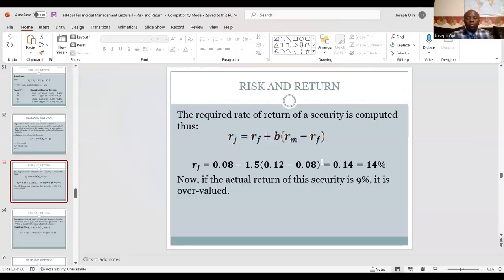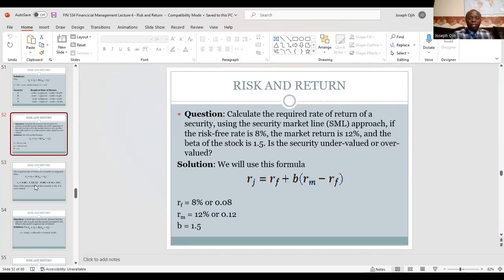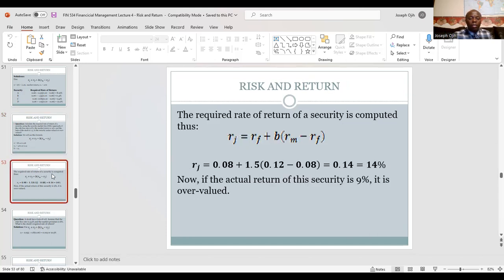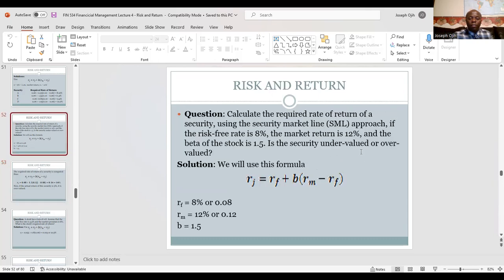Okay, 14%. We answered the first part. The second part says, is the security undervalued or overvalued? I think I missed something here.